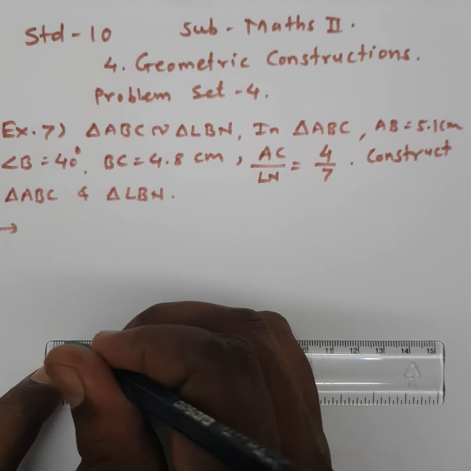4.8 centimeter. BC is 4.8 centimeter. Angle B is 40 degree. It is a 40 degree angle.